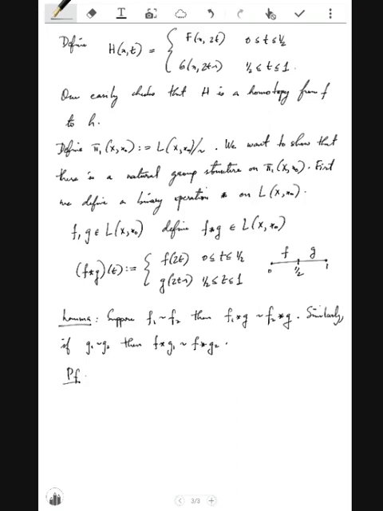So proof. Suppose F is a homotopy from f1 to f2, then we can represent F like this.